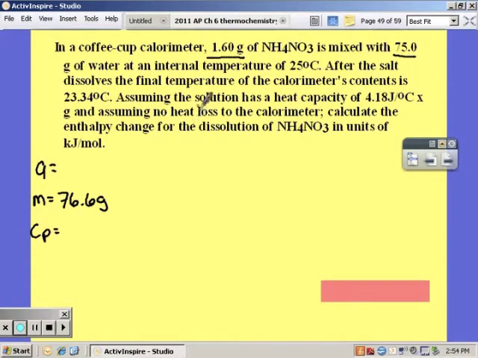Our CP was given. And our change in temperature is given. We want it to be a positive number, so this time we're going to do 25 minus 23.34.